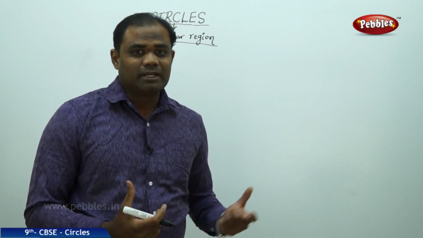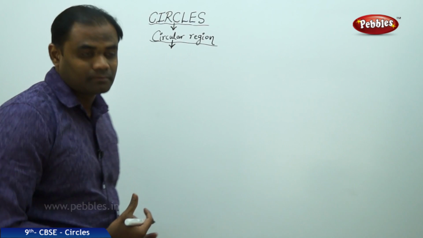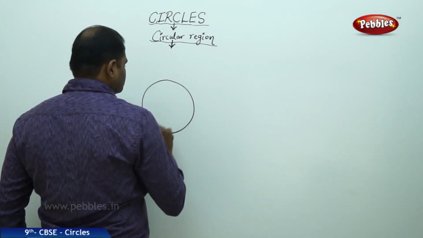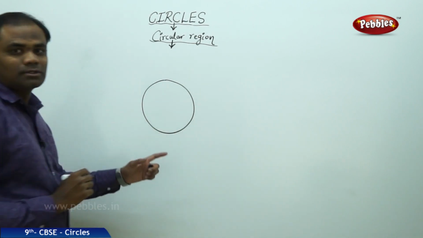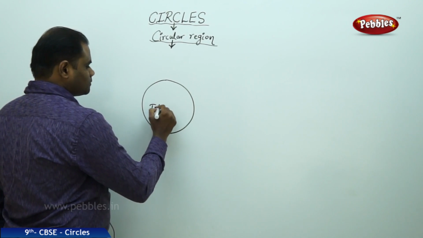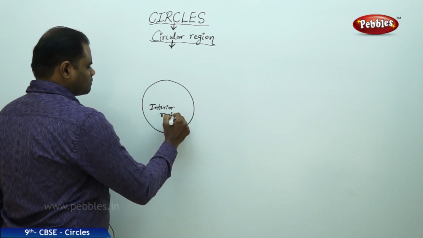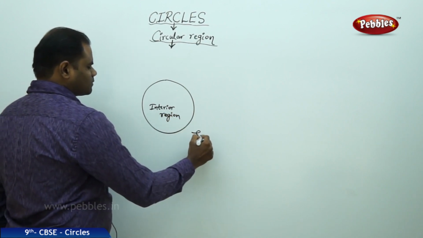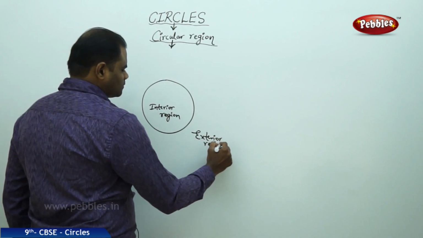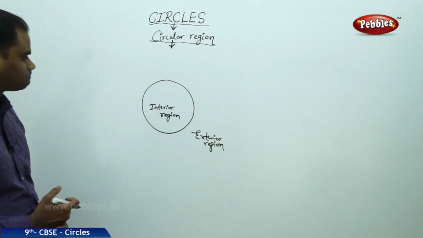Let's recap with the interior and exterior regions as discussed in the previous session. Now I have a circle on this white marker board. Then I have understood the region inside, which is interior region, and the region outside, which is exterior region, are the two regions out here.